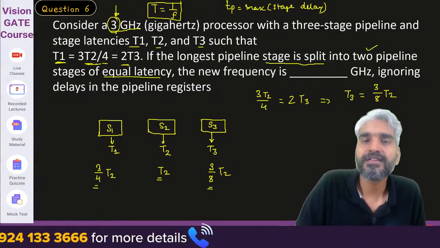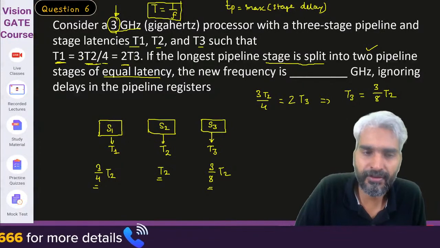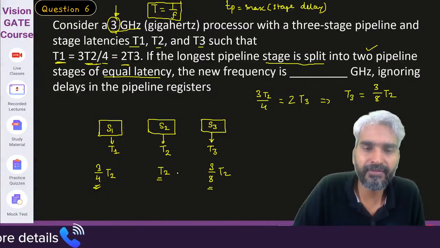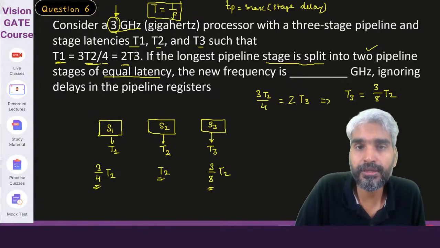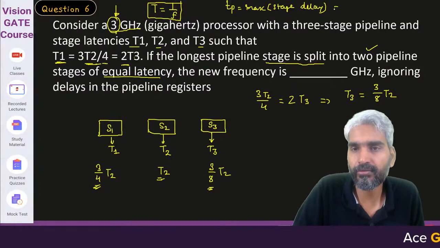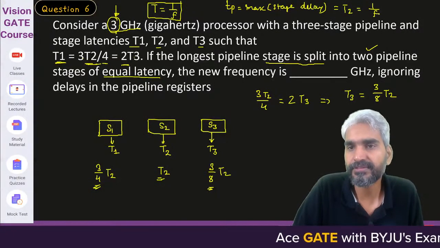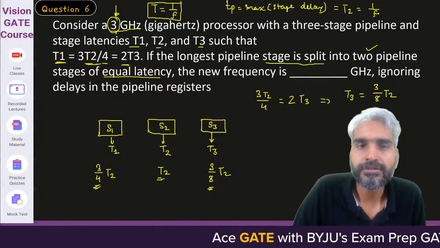So when we know that among T1, T2 and T3 the maximum value is T2, therefore TP will be equal to T2, and this T2 will eventually be equal to 1 by f.